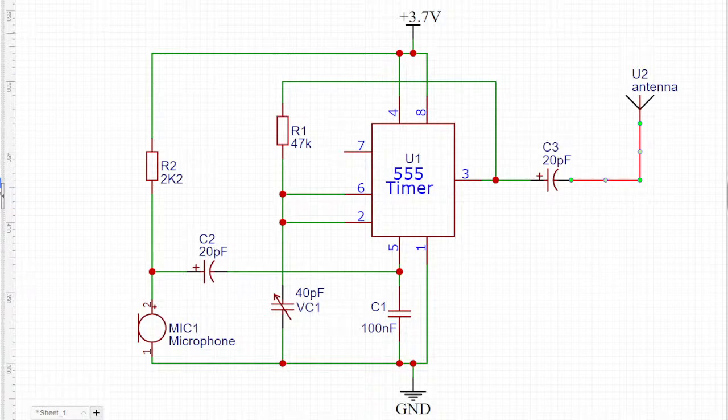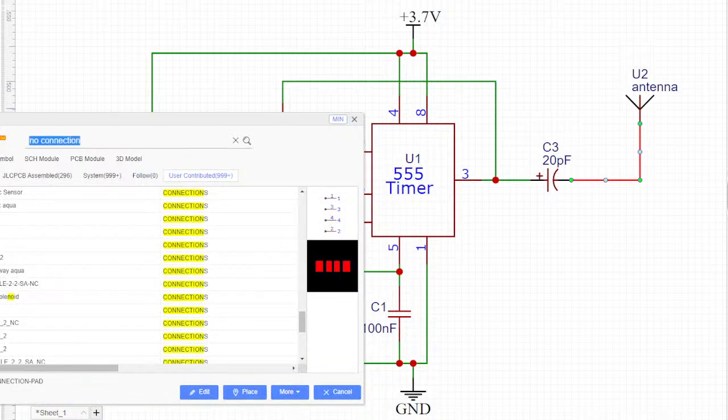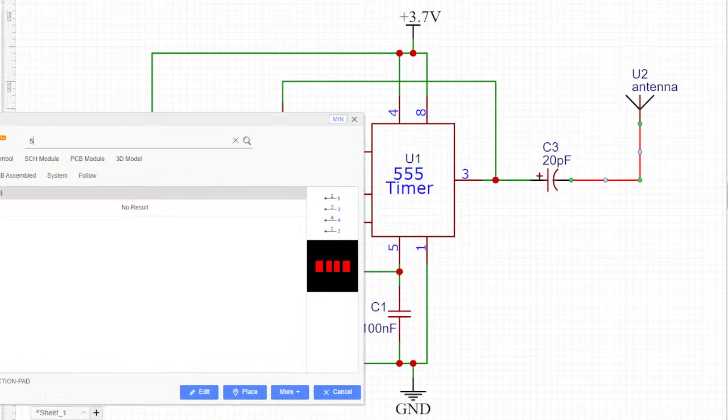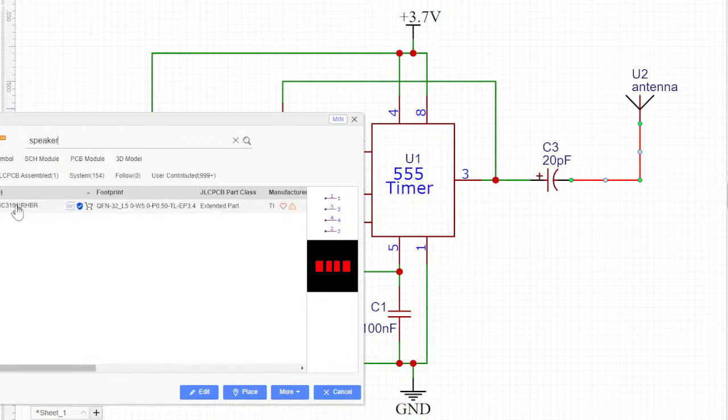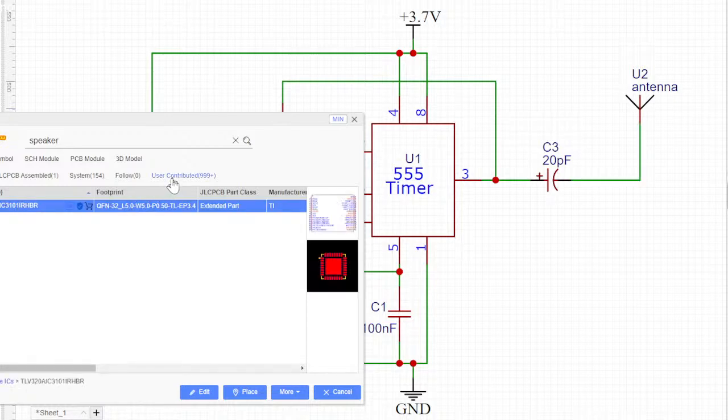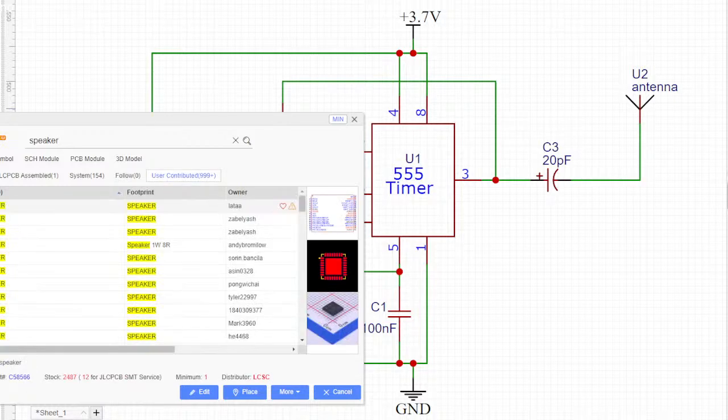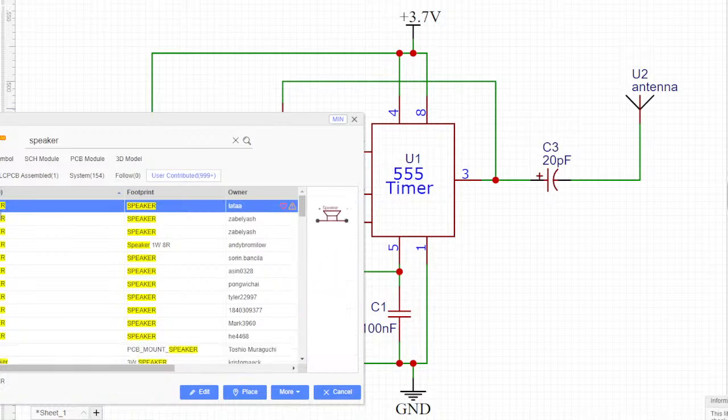So that's how you can do that. Let's see if there's a speaker we can use here. There's no speaker there. Yeah, so you can take this kind of speaker.